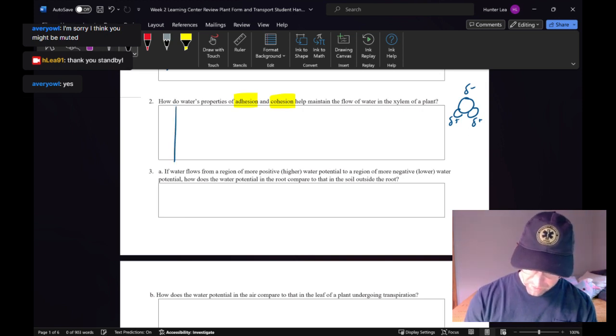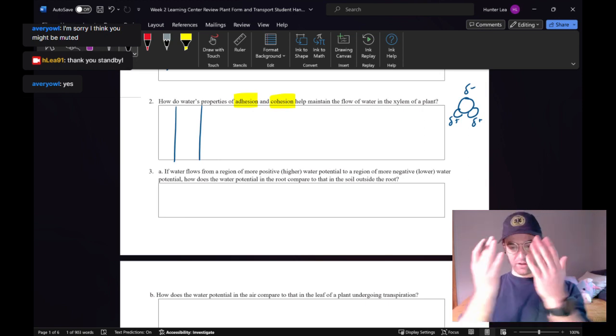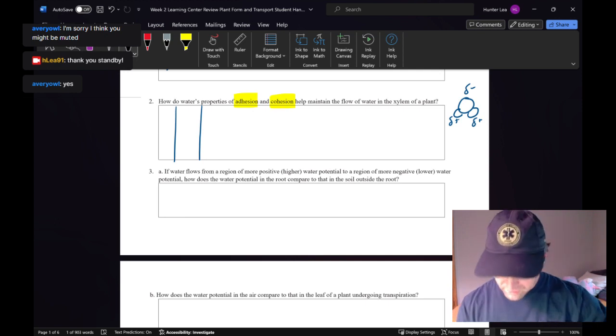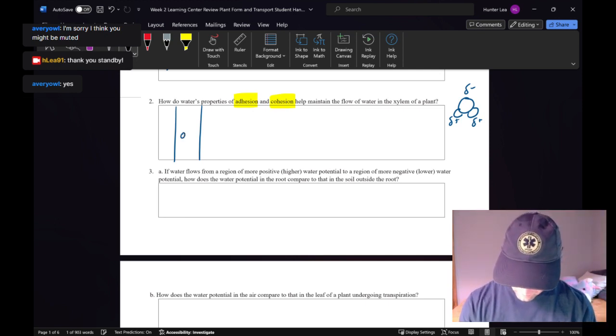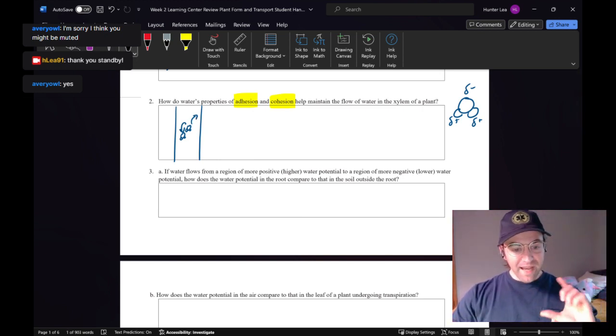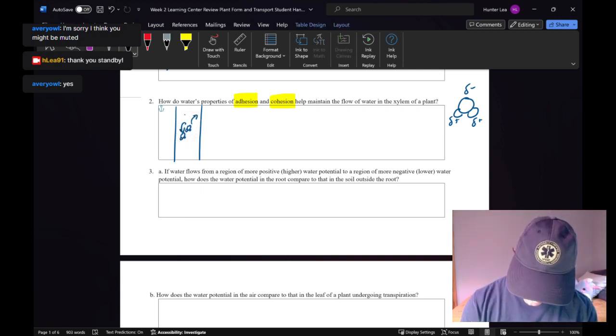Well, if we think of that vasculature that I was drawing earlier, except now we're looking at it in a different cross section here, and we've got our water molecules. The water molecules are attracted to each other, but they are also attracted to the surface here. I usually use a different app to draw, so I want to see.